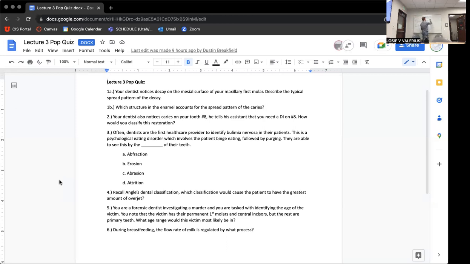So it's good for jaw development. The next reason why it's super important is because it maintains a space for the permanent teeth to grow in.